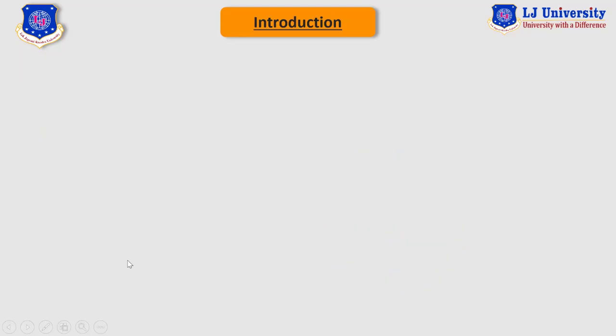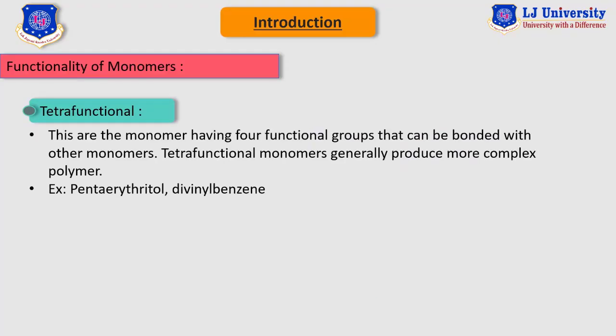Now let me move to the higher number with the tetrafunctional monomer. Basically tetrafunctional monomers are monomers having a functionality of 4, right? That means they can be connected with 4 functional groups. You can see on the screen that this tetrafunctional monomer can react with 4 functional groups that can bond with other monomers. Like here you can see in this image, this particular divinyl benzene: if I cut this bond, then two free radicals will form, one here and another one here.